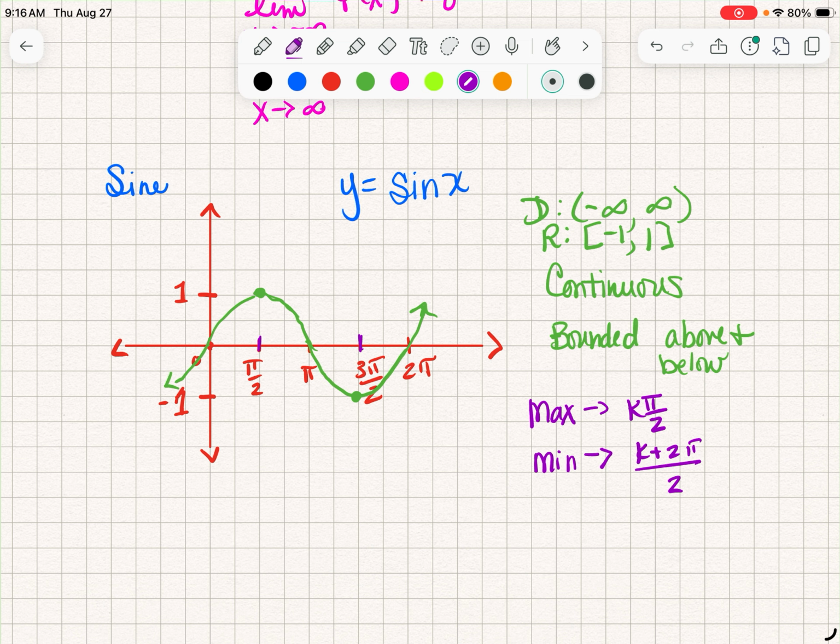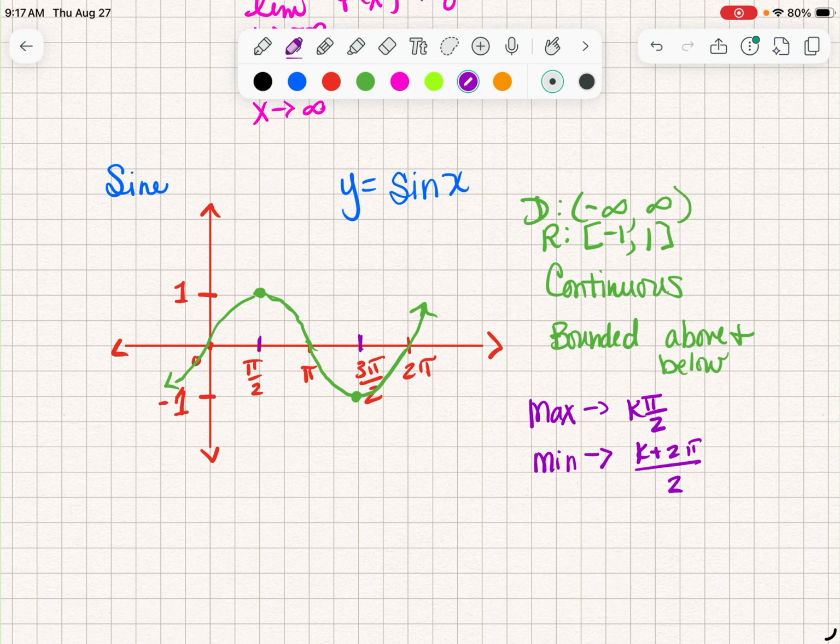So just know there are maxes and mins at varying intervals. Let's stick with that. There are no asymptotes, and the end behavior we also need to talk about too, simply because it's not going up or down. It's not going anywhere. We'll hit that whenever we get to chapter 4.